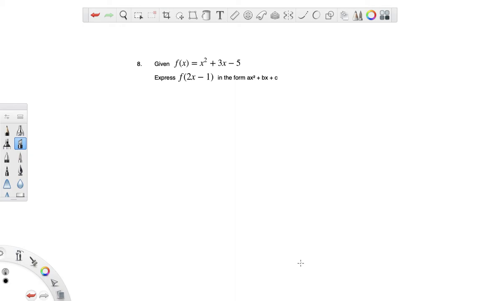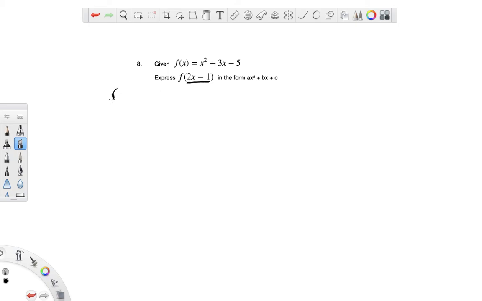Different question, and it says given that f of x is equal to x squared plus 3x minus 5, express f of 2x minus 1 in the form ax squared plus bx plus c. So we've got to substitute this in.